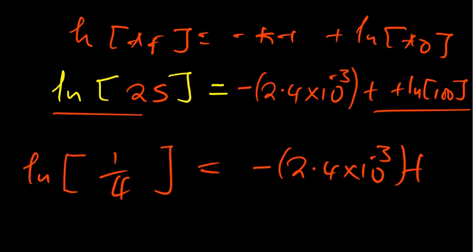So natural log of 0.25 divided by negative 2.4 times 10 to the power negative 3. Now what are you getting as your time? What are you getting?